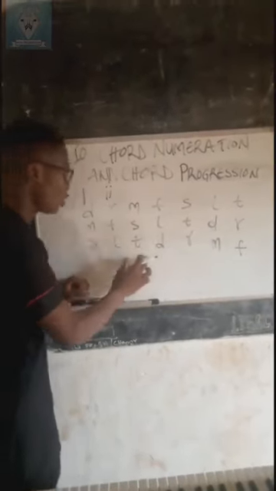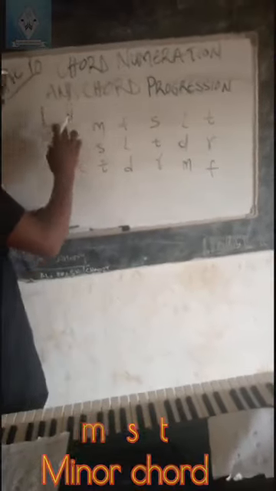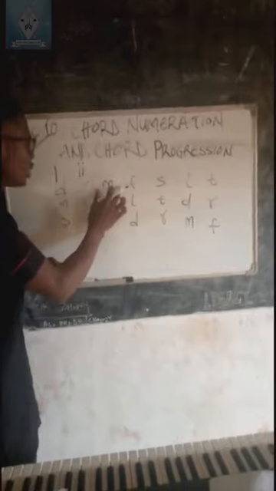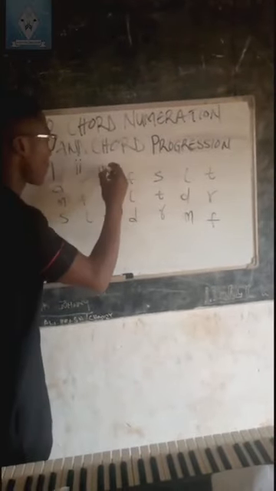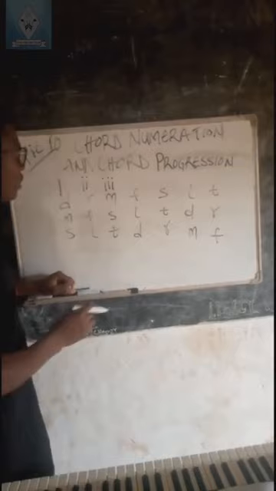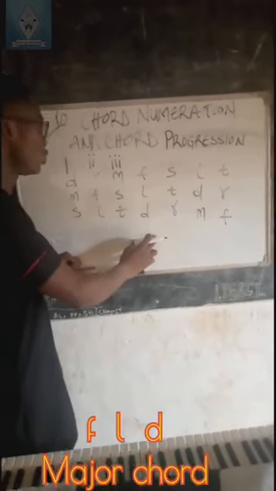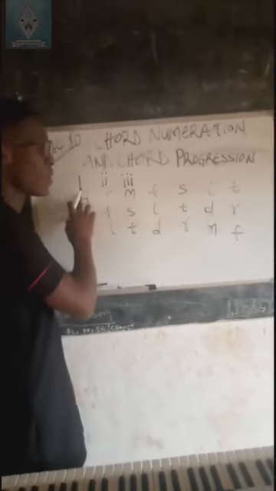Now, this chord is also a minor chord, so it should be numbered with lowercase Roman numerals. And since it is built on mi as the root, the number should be 3. Now, this chord is a major chord, so we should use capital Roman numerals.